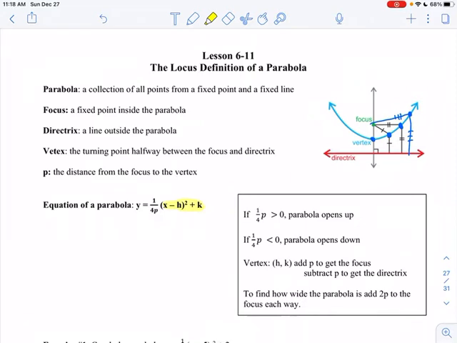If 1 over 4p is less than 0, the parabola opens down. We already know my vertex is my h, k, and I add p to get the focus, and I subtract p to get the directrix. To find out how wide the parabola is, we add 2p to the focus each way. And this is something that we're going to work on a little bit today, but more so tomorrow.